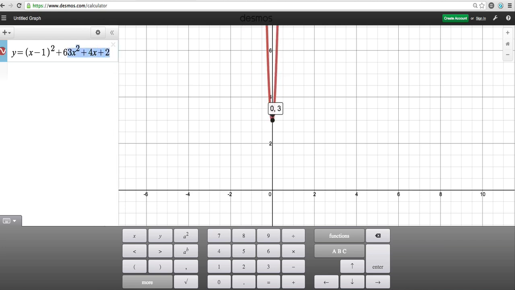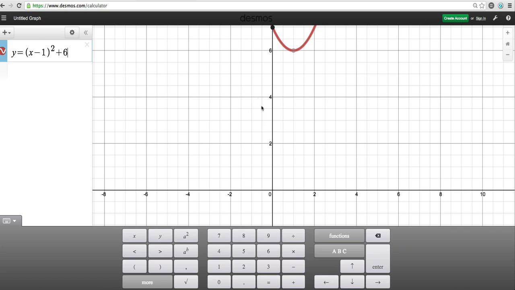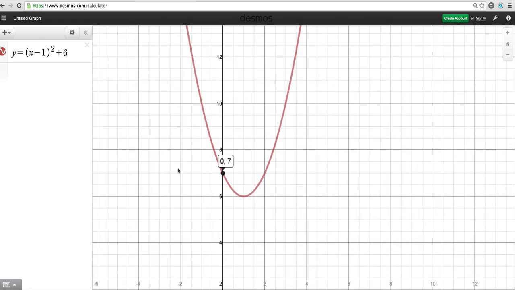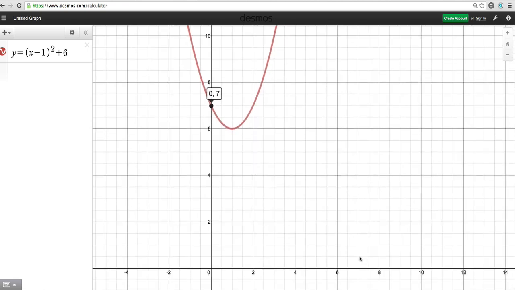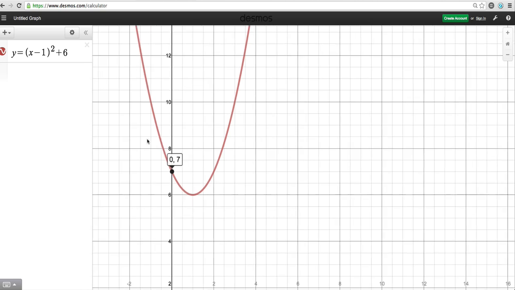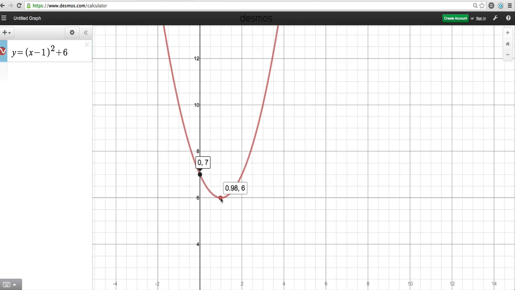And let's take all of this away, we don't want that. So there's our quadratic. We've already ascertained that we have no solution, so it won't cross the x-axis. But also I found another vital piece of information. I've got this, which is the minimum of the curve.